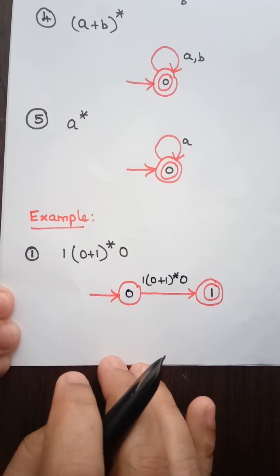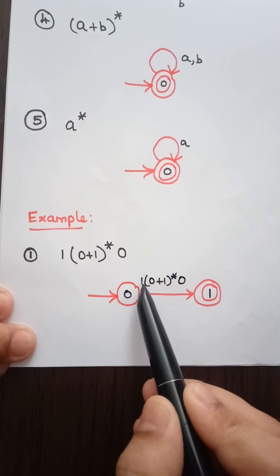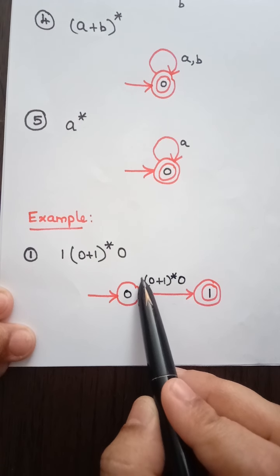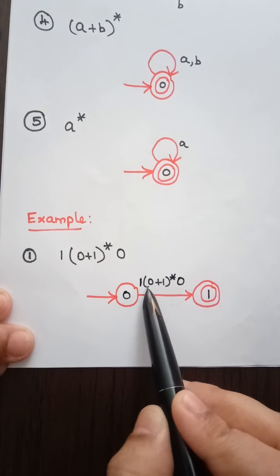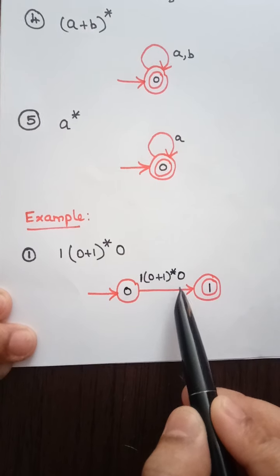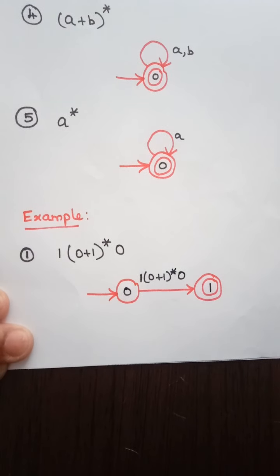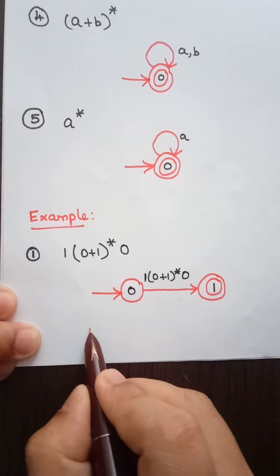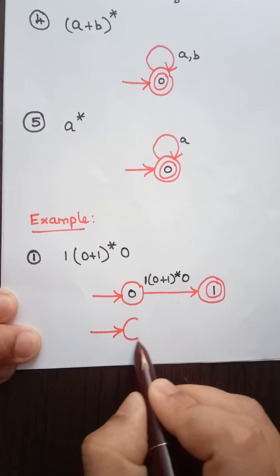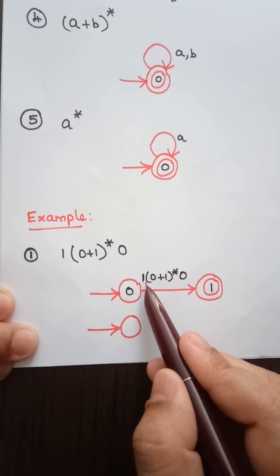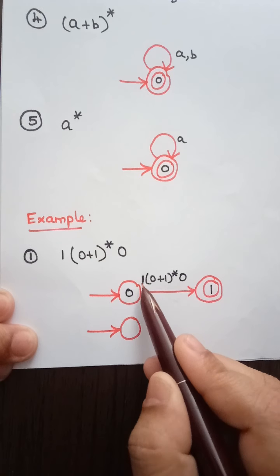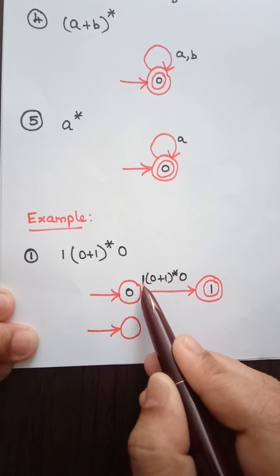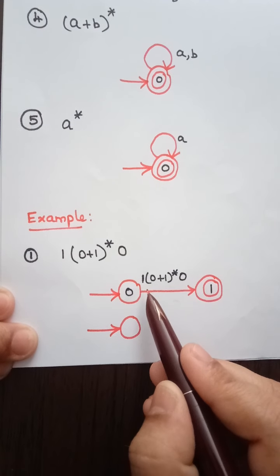So initially we have done this, and the next step is we need to split all these things. We need to find the concatenation of 1 with (0+1)*0. This is the next step that we are going to do. So now we are going to split these two. Since here it is concatenation, you can see we are concatenating the value 1 with this pattern, so we need to perform concatenation.